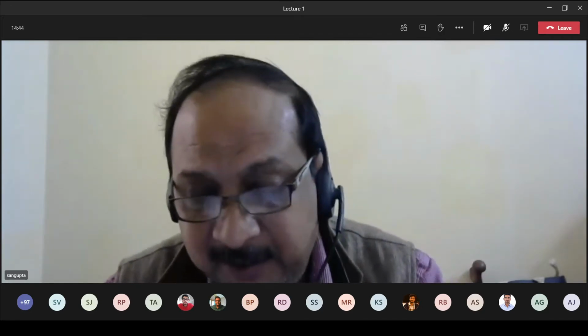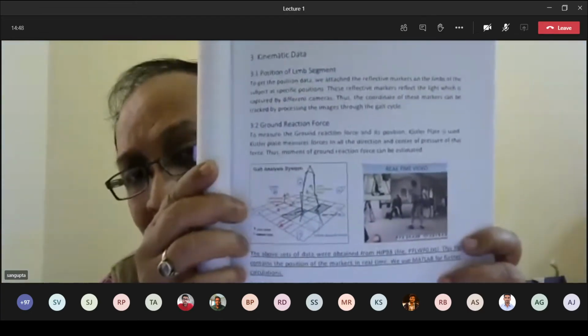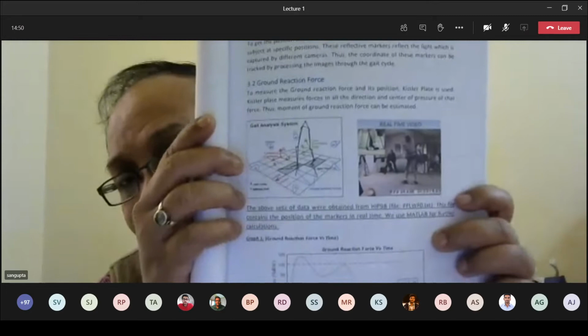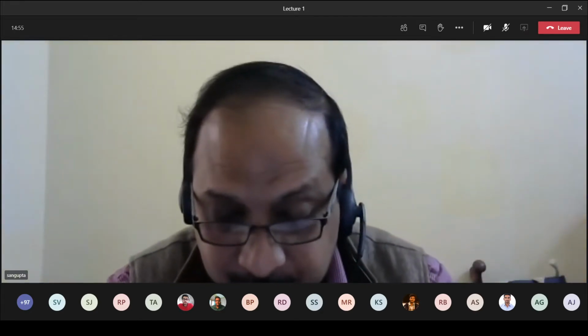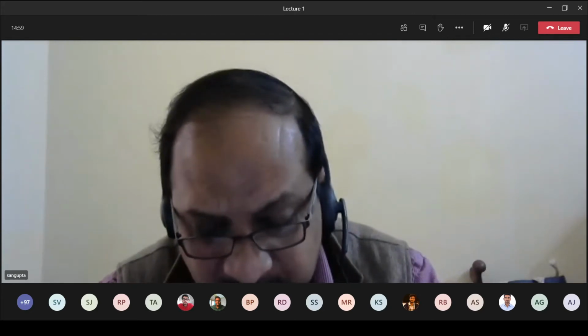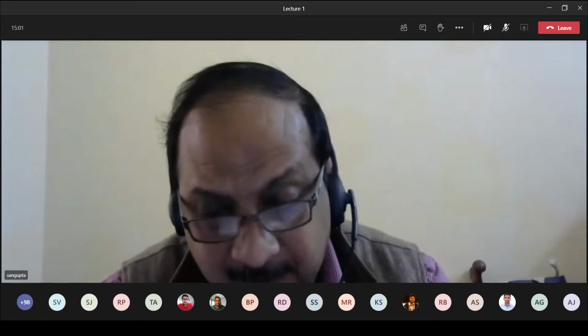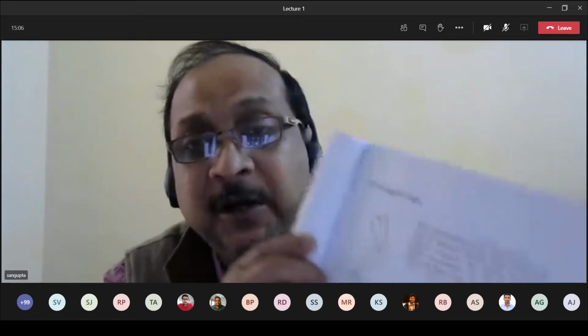Then you have the kinematic data that is measured. It's very nicely written down step by step with supporting figures. They have given the ground reaction force versus time. Then comes the limb segment angles, the joint angles.